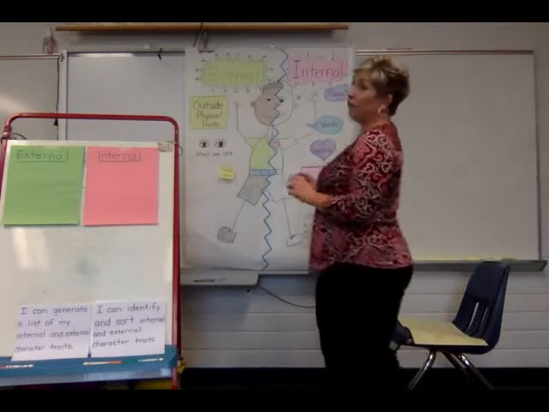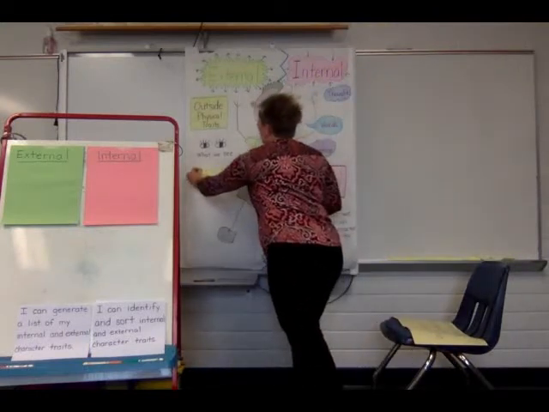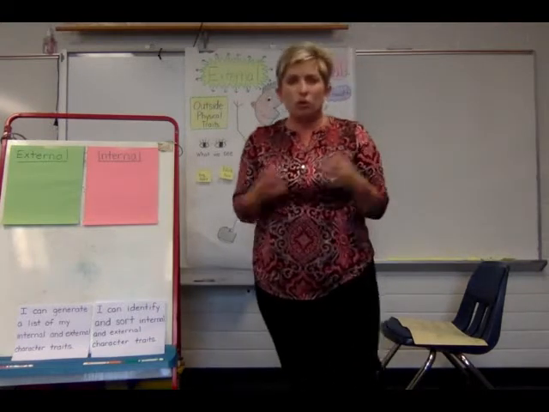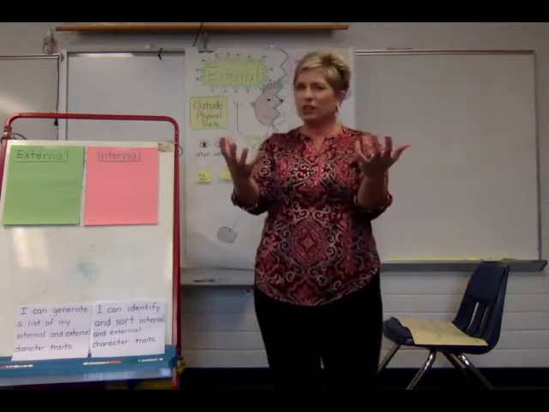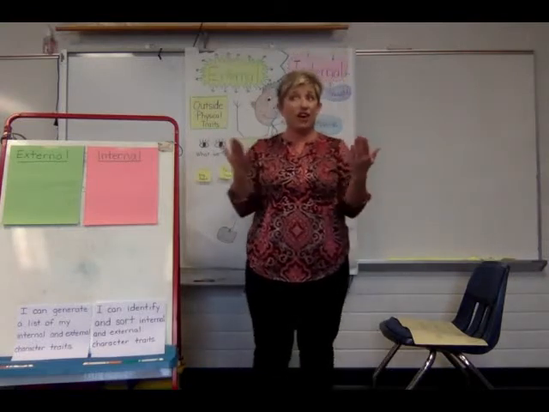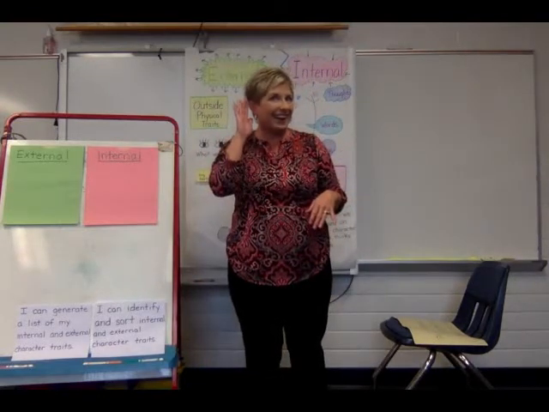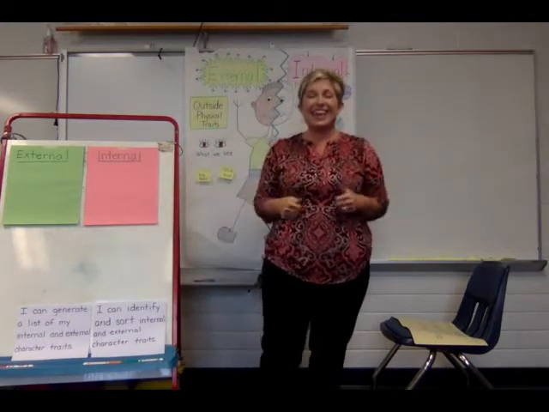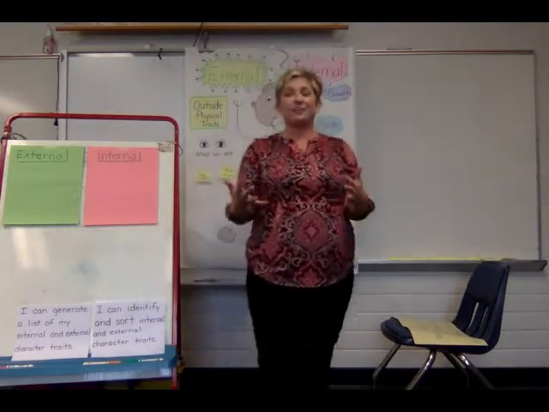So big feet would be another external character trait. So one more time, the external character traits are the things that we see on the, did you say outside? Yes, things that we see on the outside.